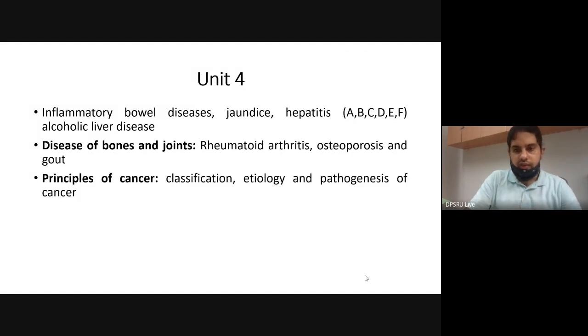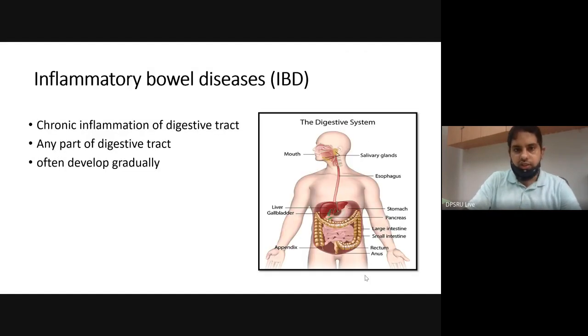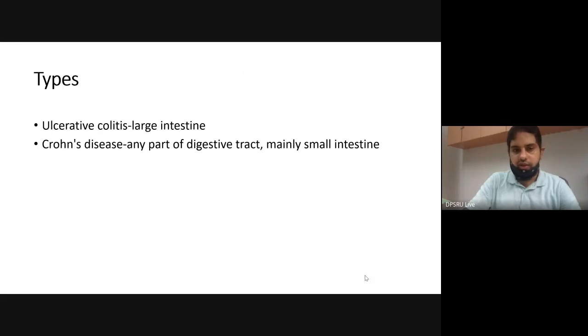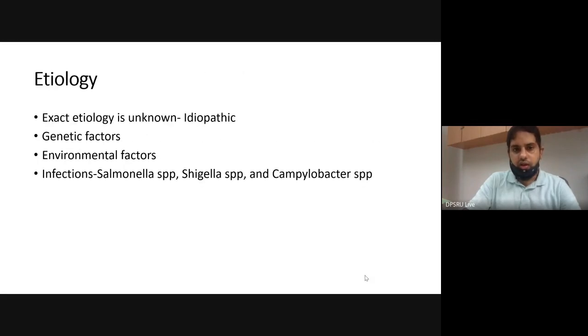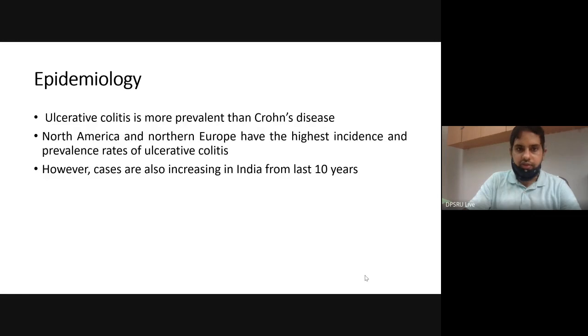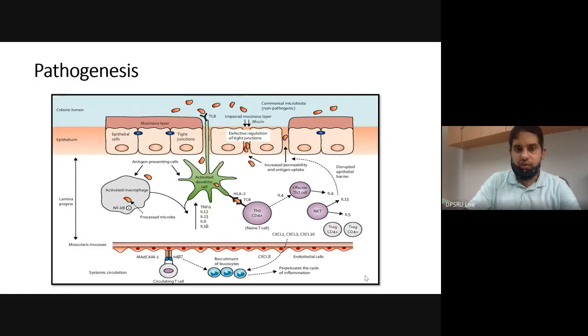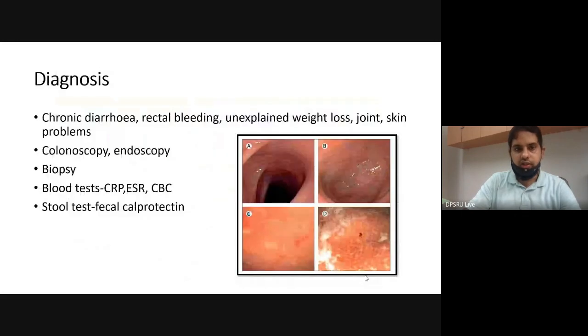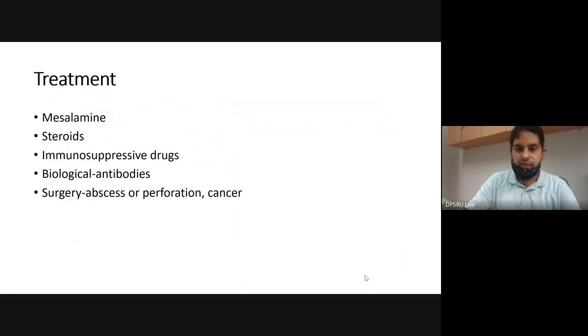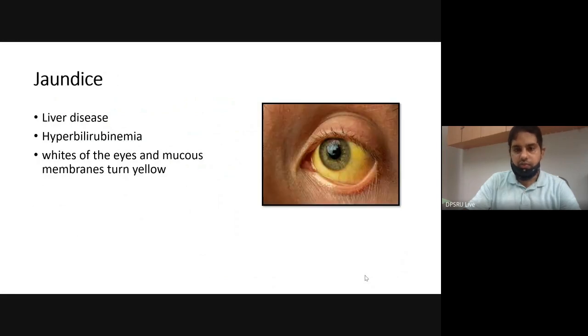Okay, so in Unit 4, we have discussed these diseases: what actually IBD is, the different types of IBD, the etiology, epidemiology, and pathogenesis of inflammatory bowel disease, and how we diagnose IBD and what treatment we provide, a little bit, not in much detail.